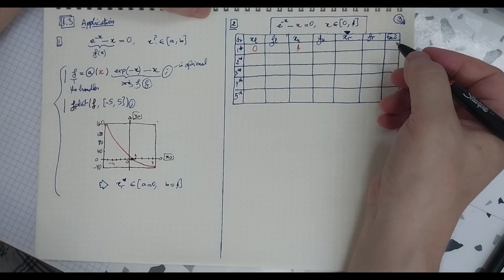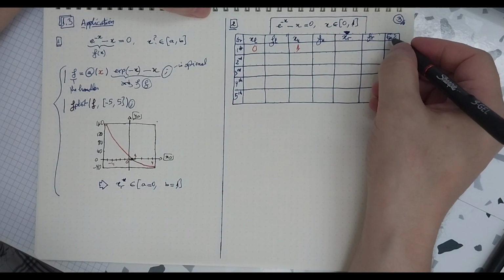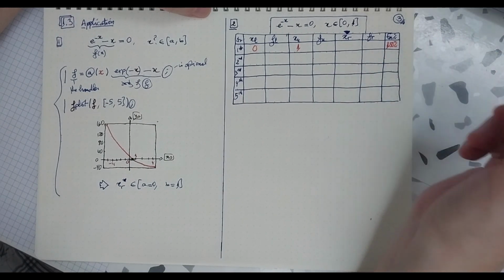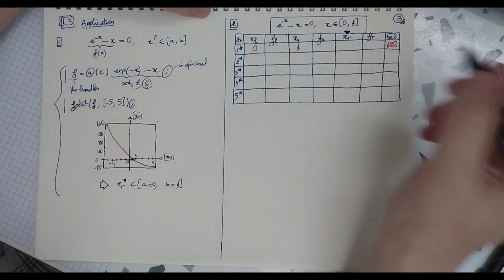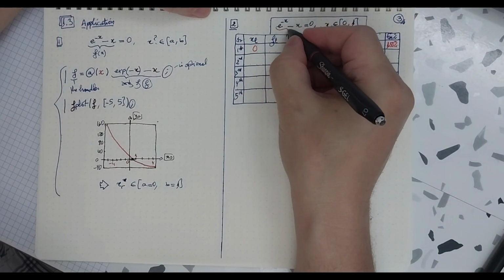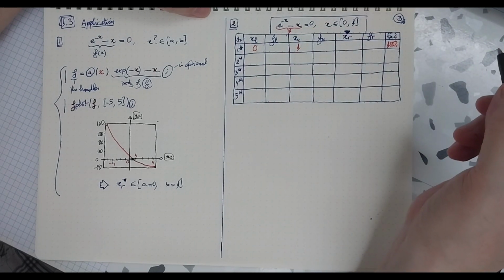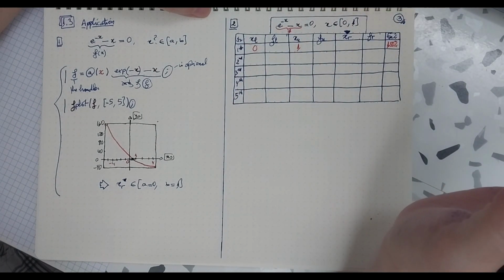And as I said before, the error at the first iteration is always 100%. And that's it. This is f. That's it. This is the input.